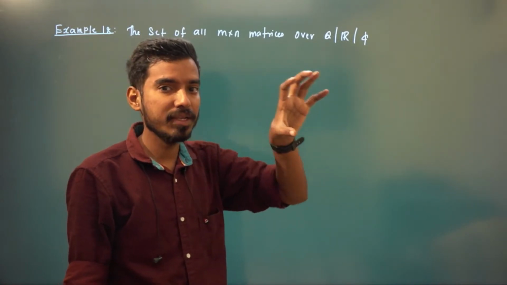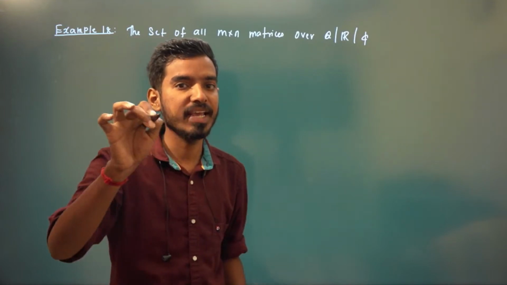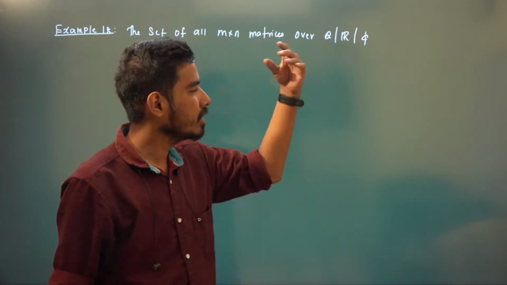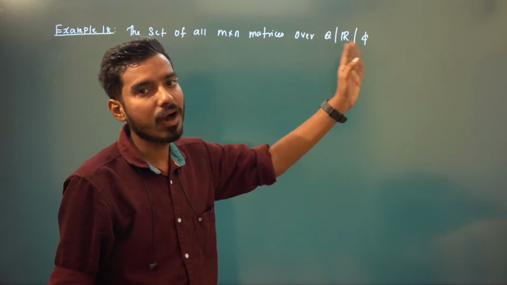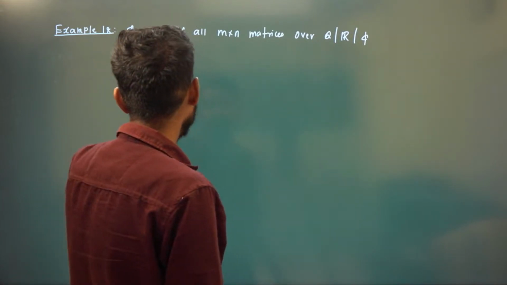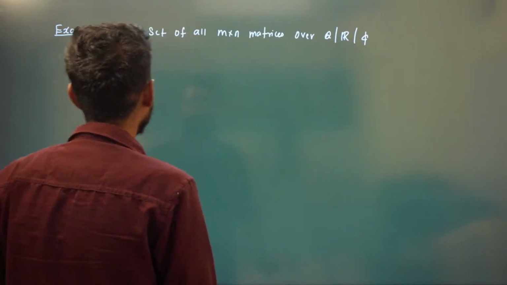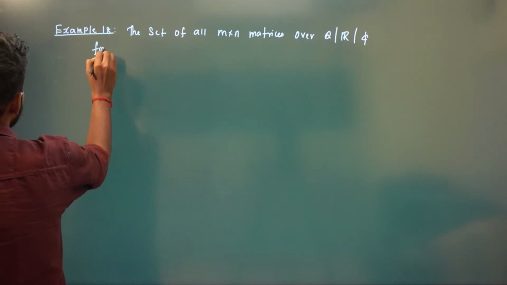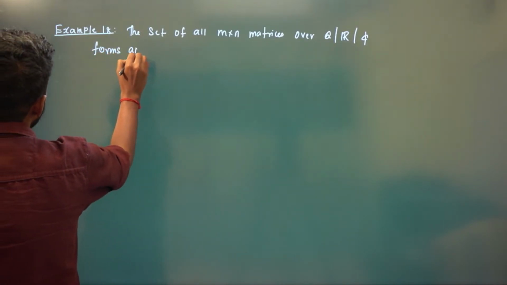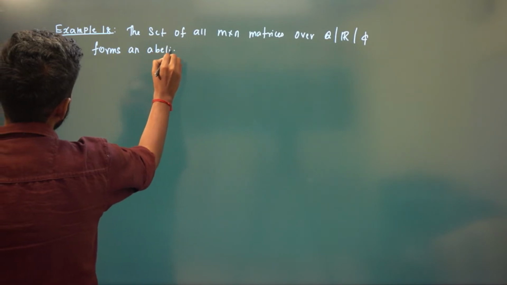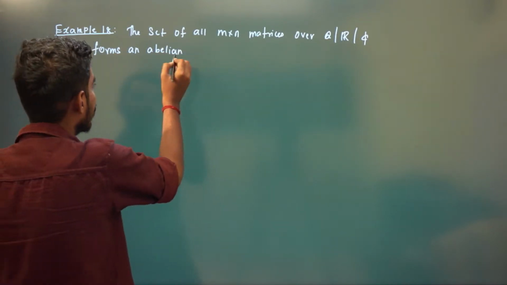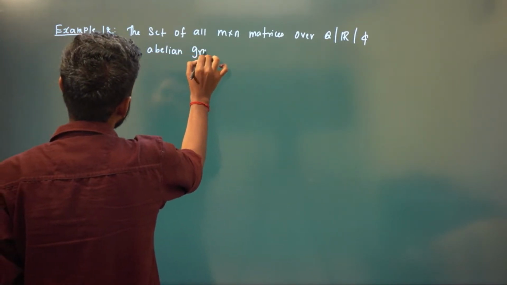Over means the entries you will insert in the matrix, that a_ij element, can be Q or R or C, anything. The set of all m by n matrices over this forms an abelian group. It is infinite, right? It forms an infinite abelian group.